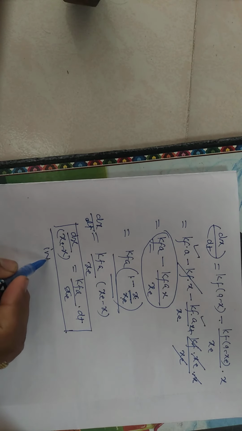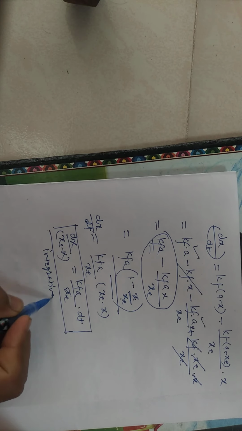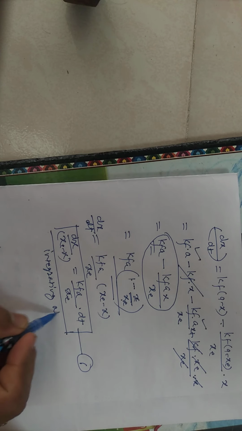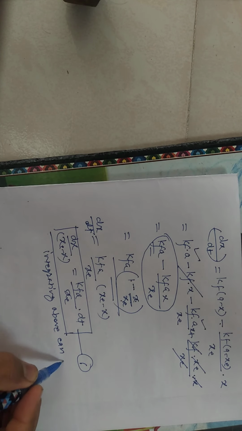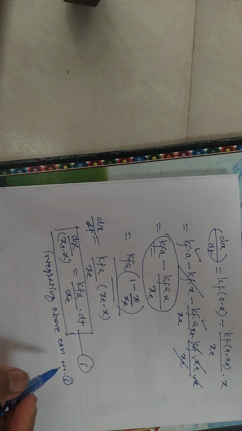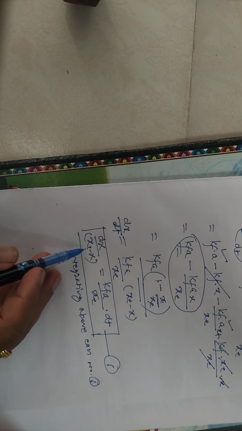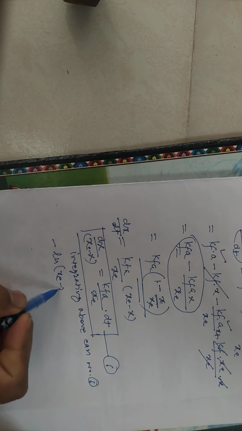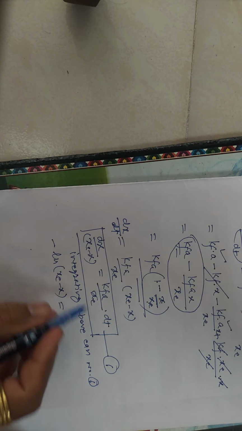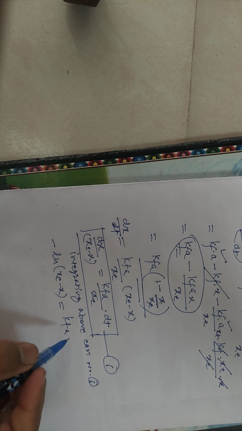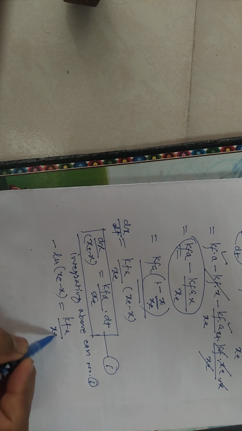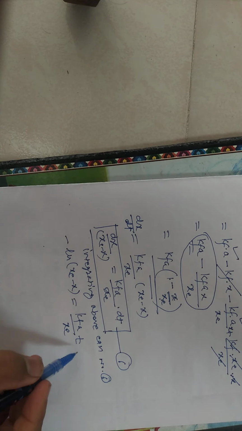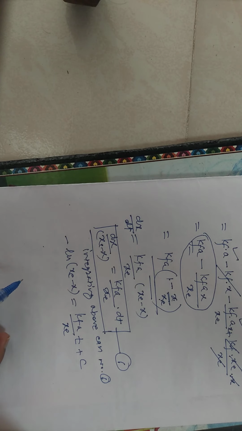So now after integrating the above equation number 6, the integration of dx upon xe minus x is simply natural ln xe minus x, that is equal to, for this one, this is constant kfa upon xe. So you have to integrate only dt, that is simply t plus the constant of integration c.